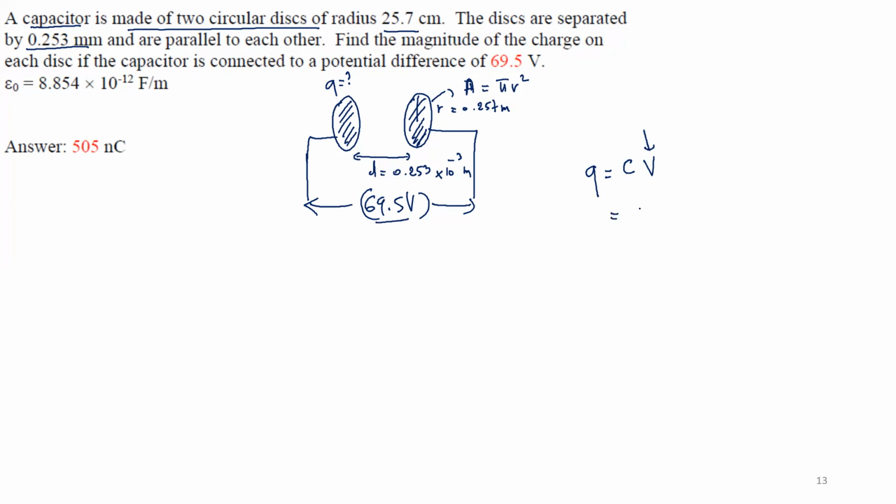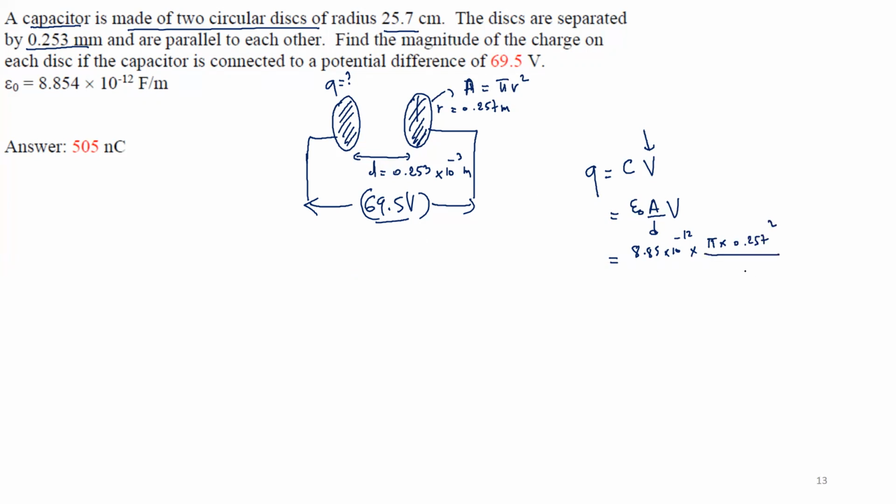The capacitance is epsilon naught A divided by D. So what is epsilon naught? 8.85 times 10 to the power minus 12. What is A, which is the area, pi r squared, pi times 0.257 squared.